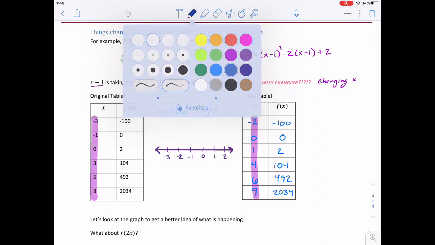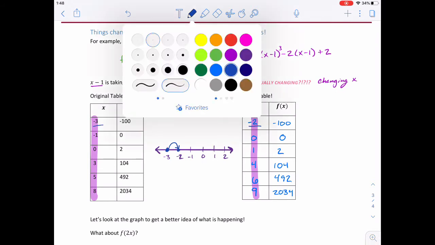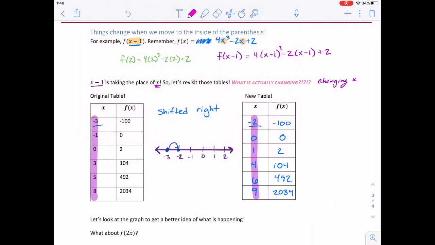One of our original points was -3, and it shifted to the right 1 to -2, right? That's this one. We get the same y value. Our point that was originally at -1 shifted over to 0 to give us the same y value. And so we're shifting to the right, which seems weird because we're subtracting 1, right?